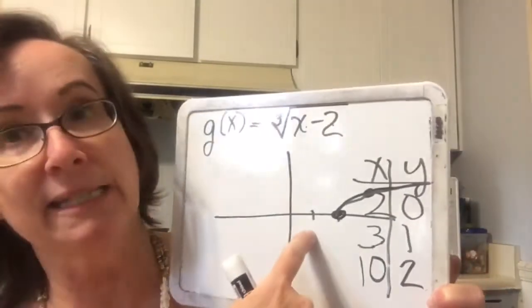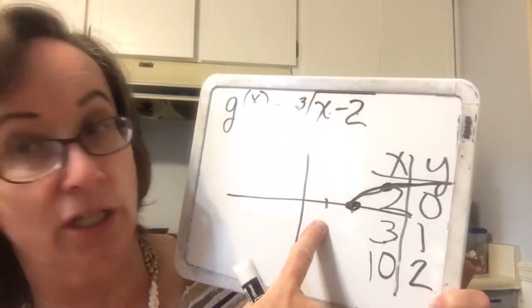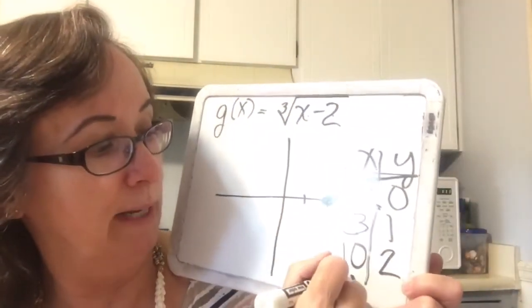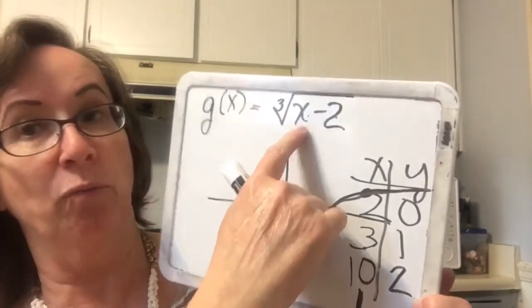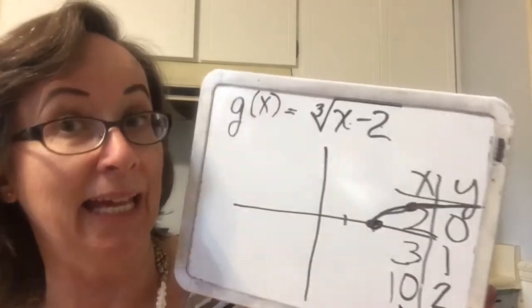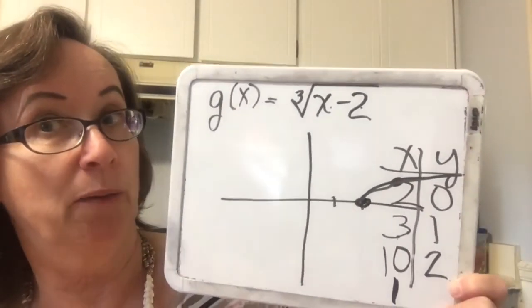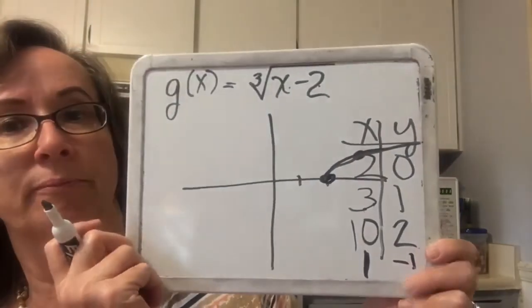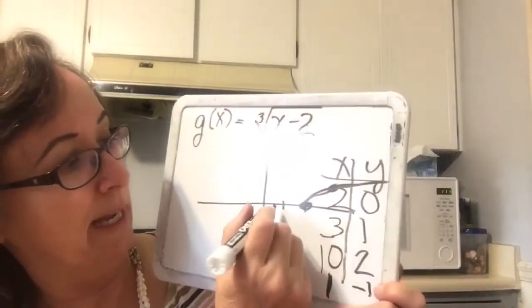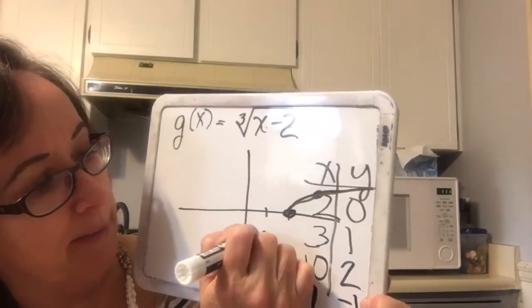So let's go one step to the left of the 2. Let's go to 1. Okay, and if we plug in a 1, then we get a 1 minus a 2, which is a negative 1. And the cubic root of negative 1 is negative 1. So I get 1, negative 1, and 1, negative 1 would be maybe right about there.